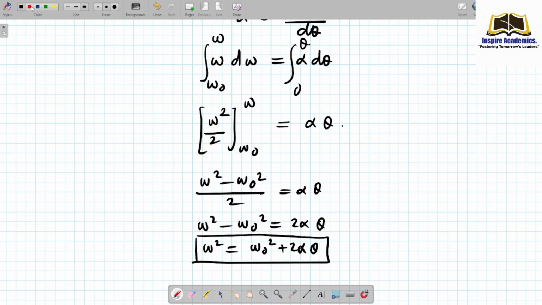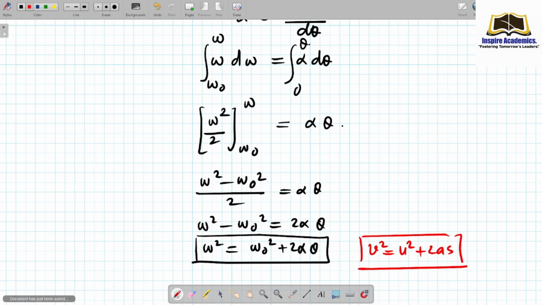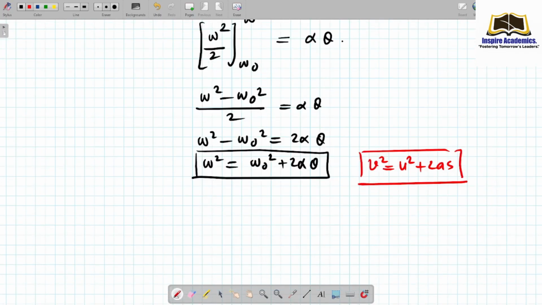And you can draw the analogy with respect to what? V square is u square plus 2as. This was your motion in linear motion. So these are the three equations which I now summarize.